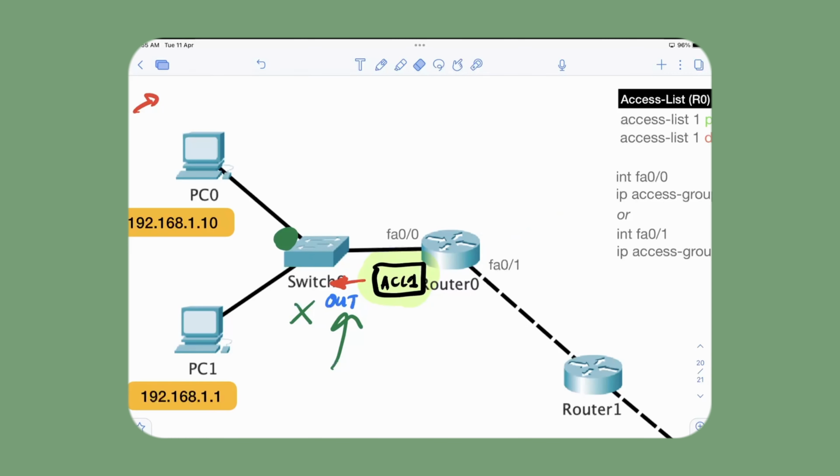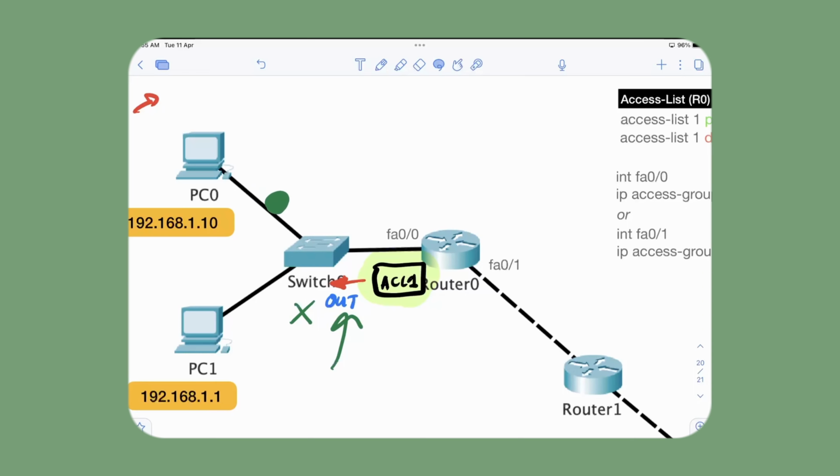Now if I put it like that, it's out. The data comes here. When it goes into this router, your ACL 1 will not be used. It will not check anything because you said out. Out means that if the data comes from here and goes in here, then exits from router FA00, then it will check. You understand? So this is the difference between in and out.